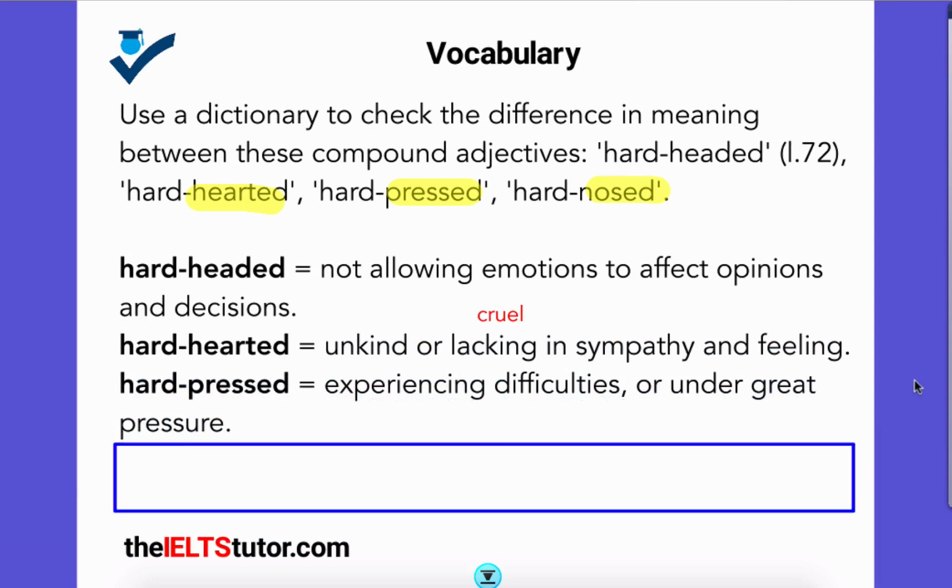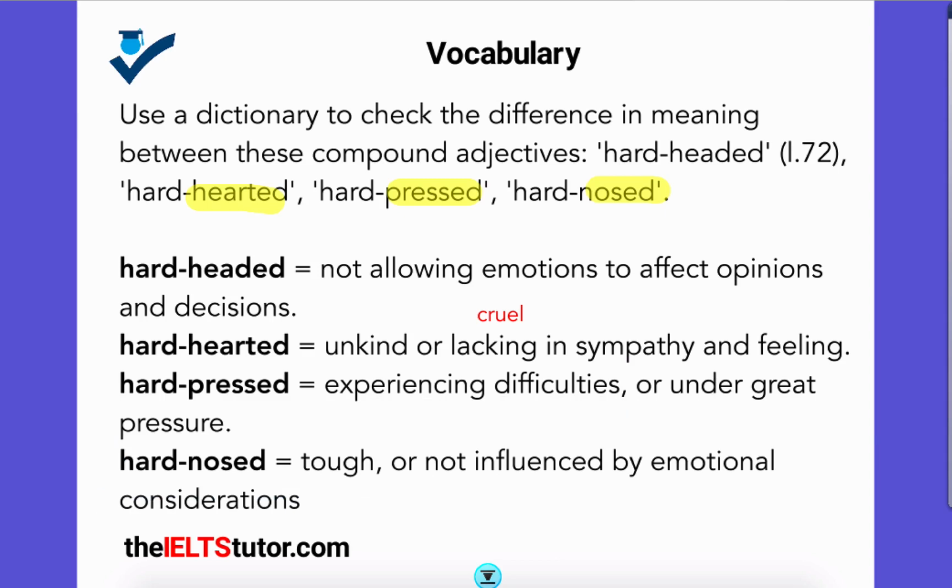Okay? Now, hard-nosed. Now, this doesn't have anything to do with your nose or your physical appearance. Okay? This is, I think, purely idiomatic. So if you're a hard-nosed person, if you're a hard-nosed individual, you are a very tough person, or someone who is not easily influenced by emotional considerations or by feelings.